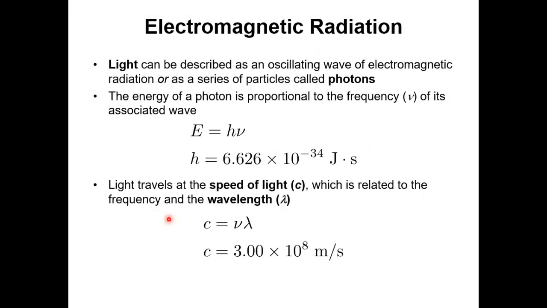Electromagnetic radiation, also called light, can be described as an oscillating wave or as a series of particles called photons. This interesting property is called particle-wave duality, and it is actually not limited to electromagnetic radiation.